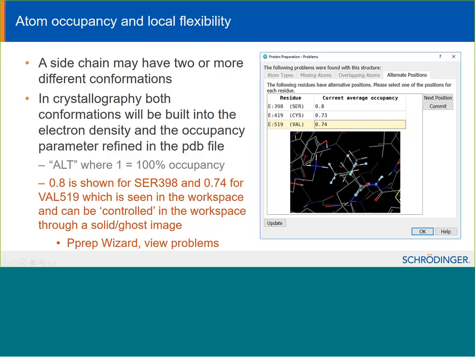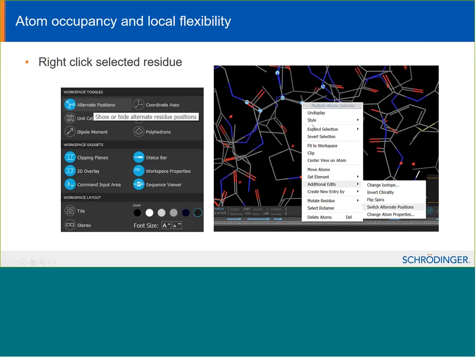So this is available inside the protein preparation wizard, and it comes up when you prepare the protein as one of the problems. So if you go to view problems, you'll see alternate positions showing in here. But it's also available inside Maestro itself. So if you download the PDB and you start to prepare it or look at it, you can just quickly toggle on alternate positions.